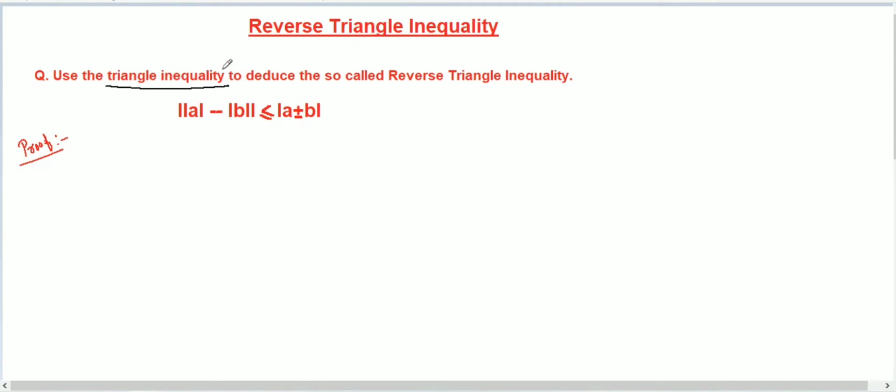There is a video uploaded on the triangle inequality. Understand that first, and then you can understand this one, the reverse triangle inequality. So let's start here.